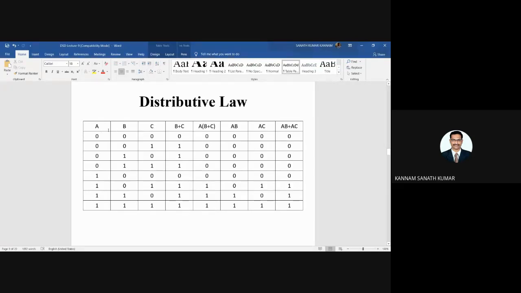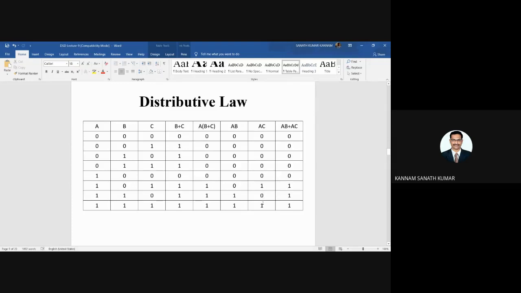Similarly, you have to find AB and AC. So for AB, any of the inputs is 0, the output is 0, and two inputs are 1, the output is 1, and likewise AC. So you got AB and AC, and you have to do the OR operation, AB plus AC. Both inputs are 0, you are getting 0.